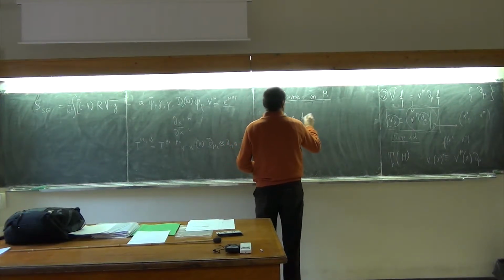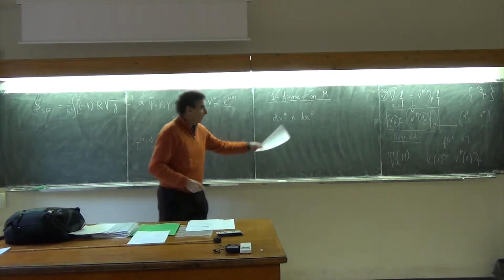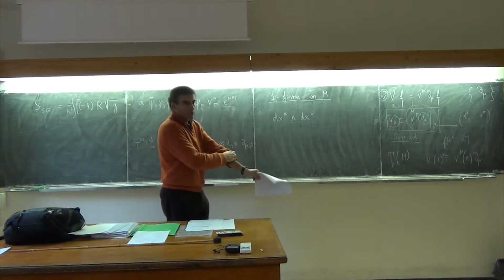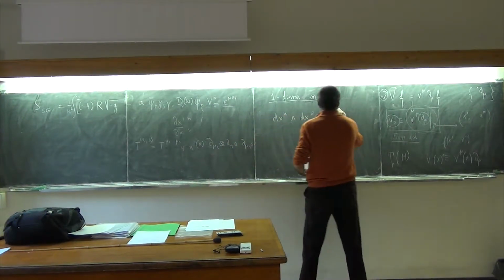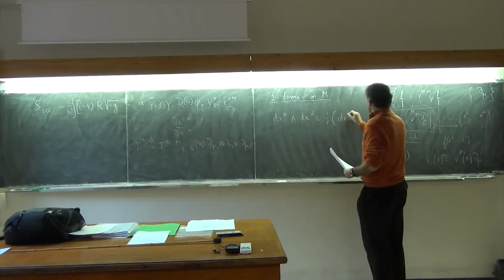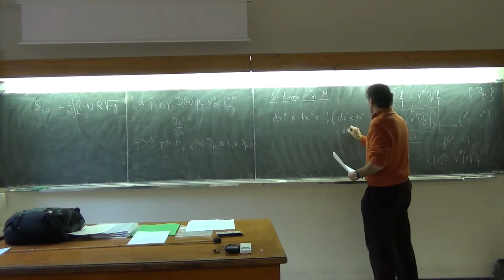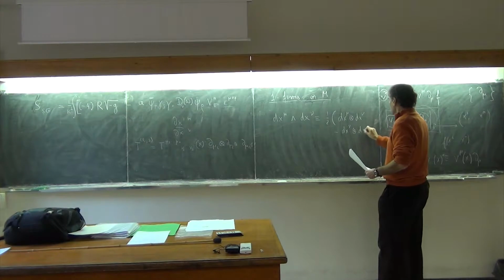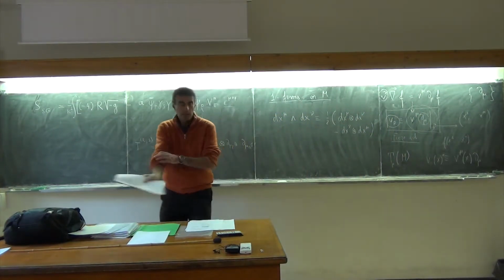The exterior product of two basis elements of the space of one-forms is defined in this way. It's defined as 1/2, and then you have dx^μ tensor product dx^ν minus dx^ν tensor product dx^μ. This is the definition of these exterior products.